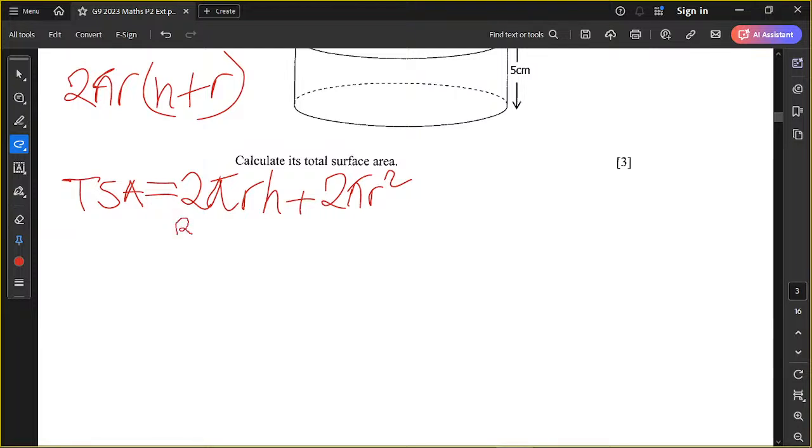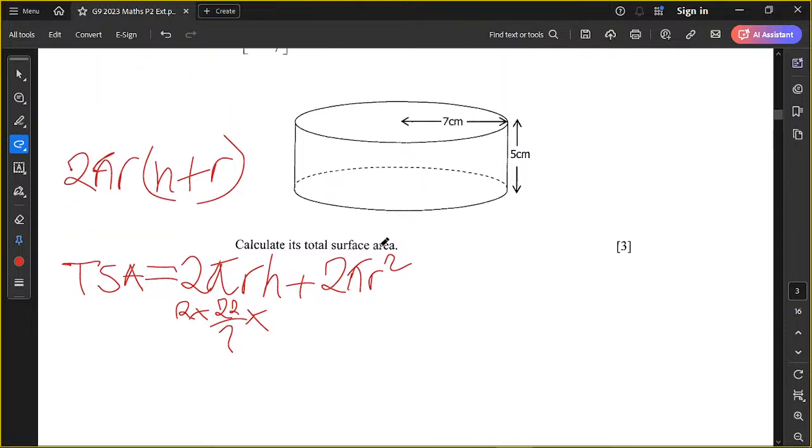We write 2, then pi, we are told pi is 22 over 7, then times the radius, which is 7, then times the height, which is 5 centimeters. Let me include the units because they are very important in determining the answer.